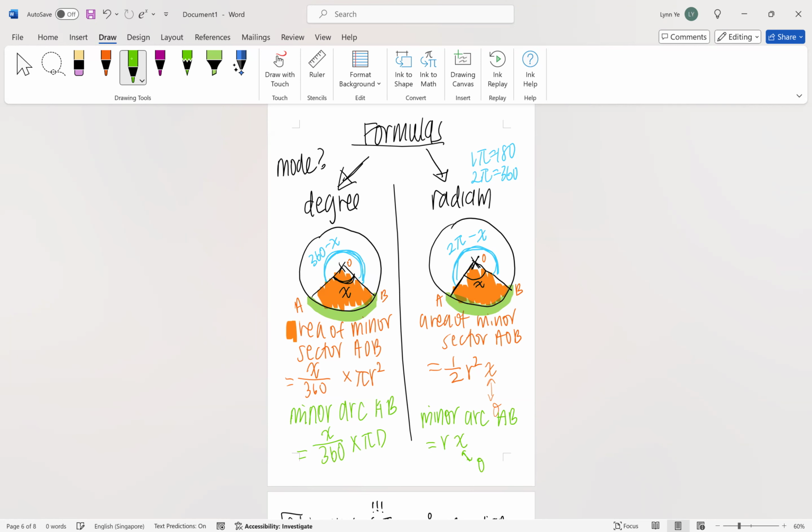Okay. So you all can copy that. Minor arc AB, minor arc AB in green.